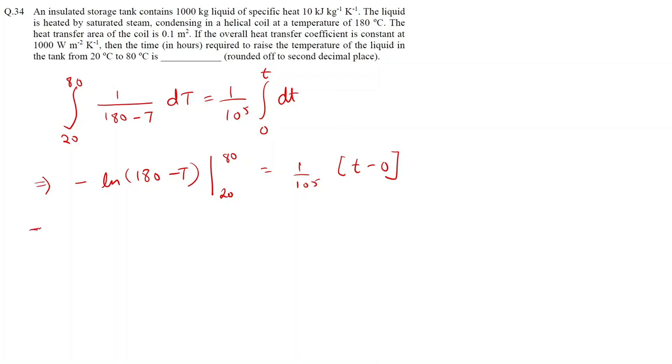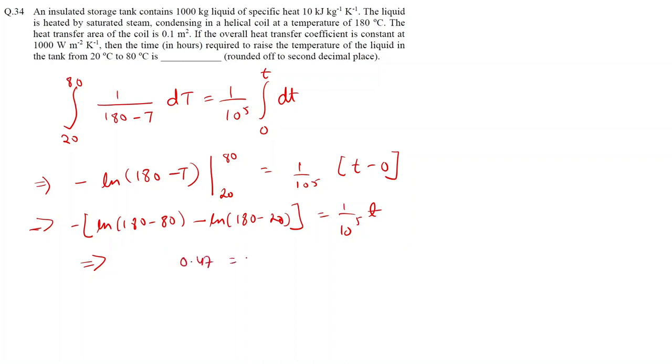Now we can replace the corresponding values, and you will get this term as 0.47. So time will become 0.47 into 10 raised to 5.